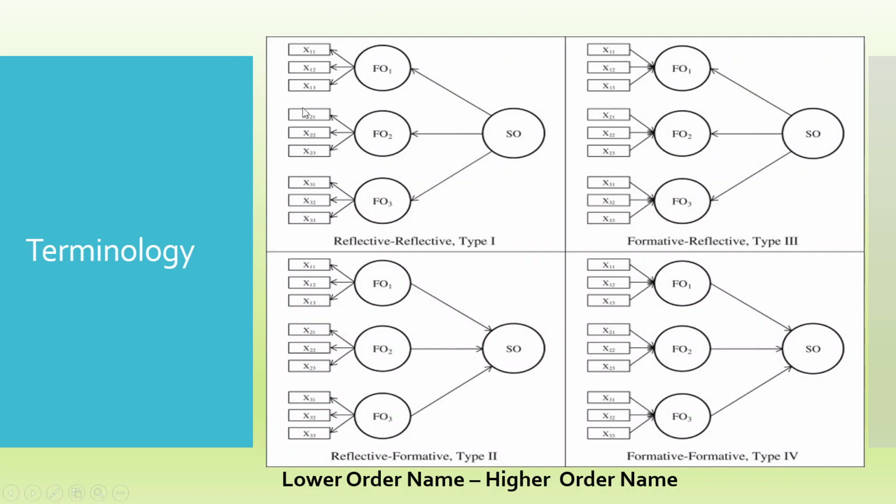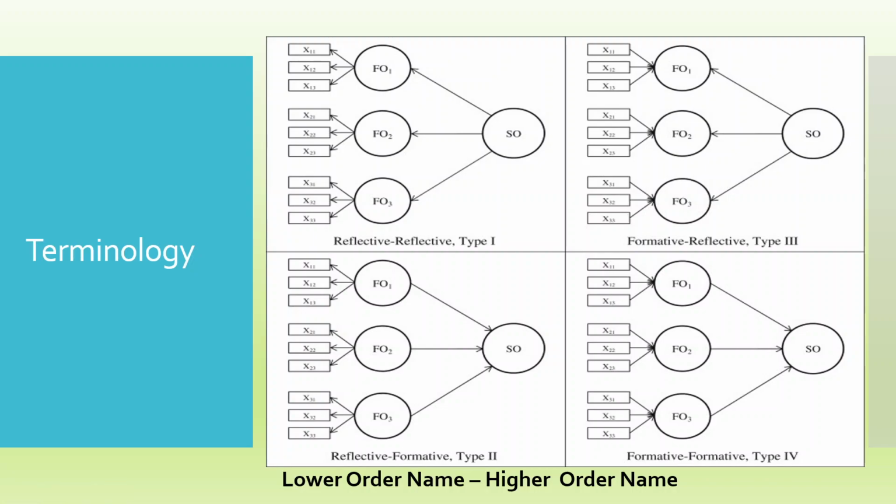While drawing a diagram, let's try to understand how the nomenclature goes. First, we always write the lower order construct and then the higher order construct. In the type 1 model, all the arrows are moving away from the construct and therefore it's a reflective model. Similarly, in the higher order, the arrows are moving out, therefore it's a reflective type 1 model.